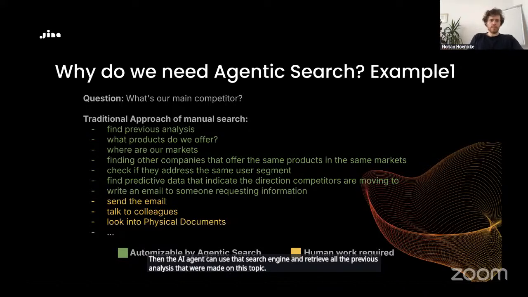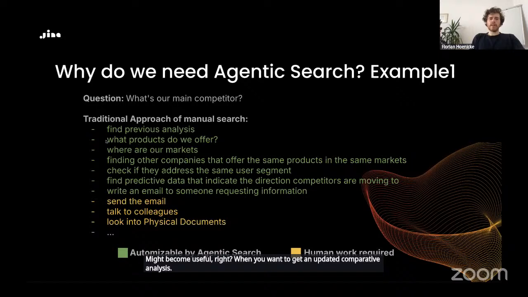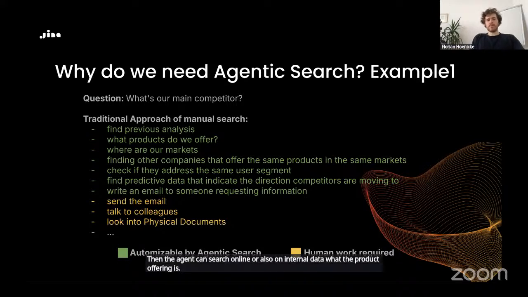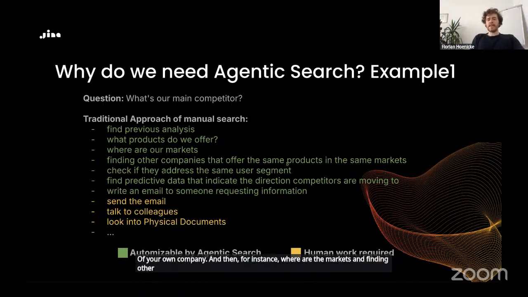Might become useful, right? When you want to get an updated comparative analysis. Then the agent can search online or also on internal data for what the product offering of your own company is. And then, for instance, where the markets are, and finding other companies that offer the same products in the same market.